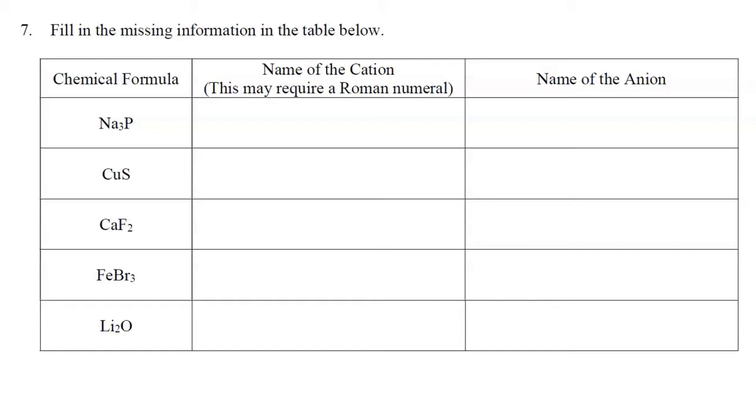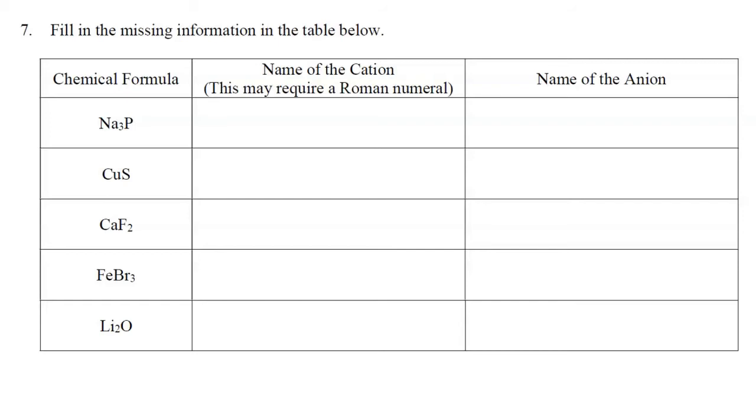All right, in number 7, it says fill in the missing information in the table below, but now instead of writing the correct chemical formula for an ionic compound, we just have to supply the name of the compound. And because the way we name an ionic compound is cation first and anion second, we have these 2 columns, and we'll just go ahead and put in the name of each ion.